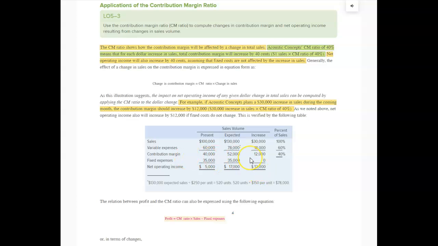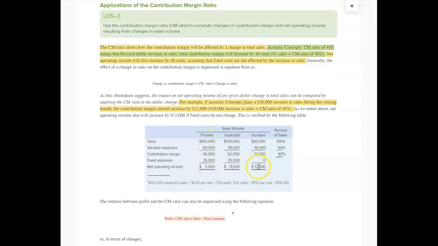This is the long way. If we know that percent of contribution margin, 40%, we can make one quick calculation and it replaces all this information here, all these calculations. What is that? Well, take the increase in sales times the contribution margin ratio of 40%. 0.4 times $30,000 gives us $12,000 in extra contribution margin, which goes straight to the bottom line.